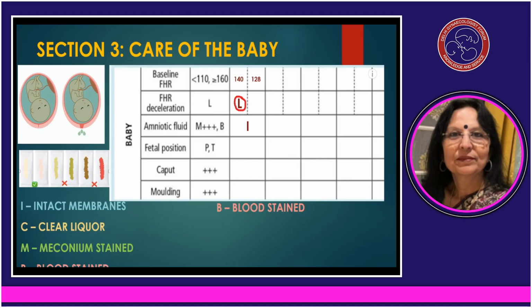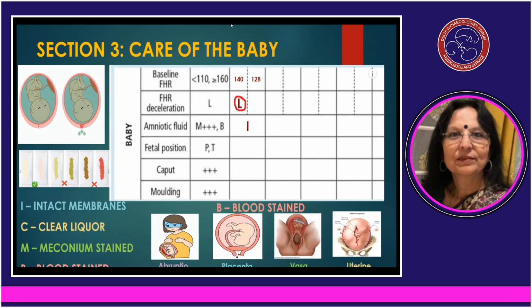In case we find blood stained amniotic fluid, our antenna should go up, whether it is an abruptio placentae, a placenta previa, a vasa previa, or it may also be a uterine rupture. So this will be known in case you see a blood stained discharge.